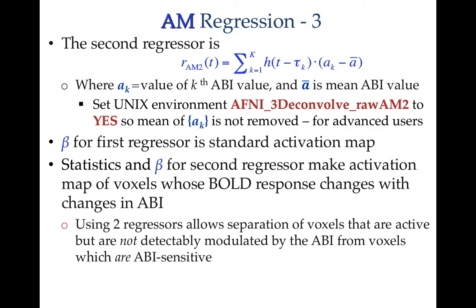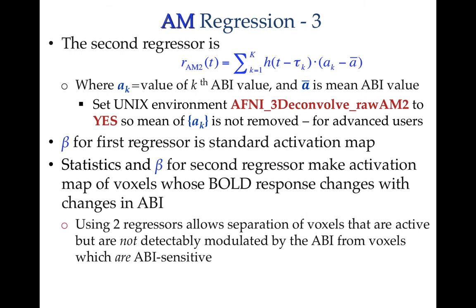The statistics in the beta for the second regressor give you an activation map of voxels whose BOLD response changes with the changes in ABI. And it's necessary to have two regressors to allow separation of voxels that are active but not modulated by the ABI from voxels which are ABI sensitive. And I'll give you a slightly graphical explanation of that in a moment.